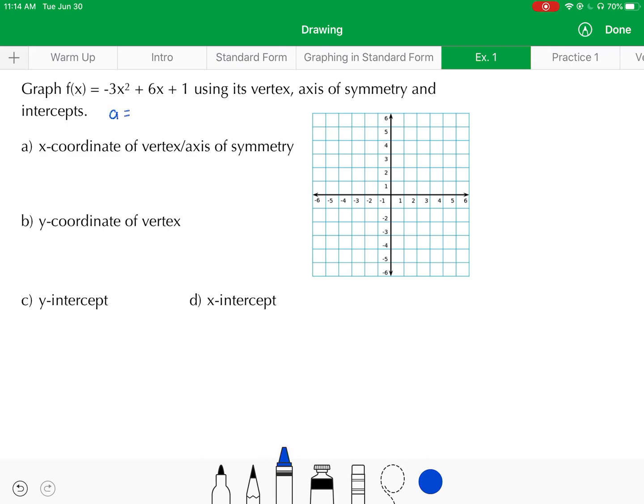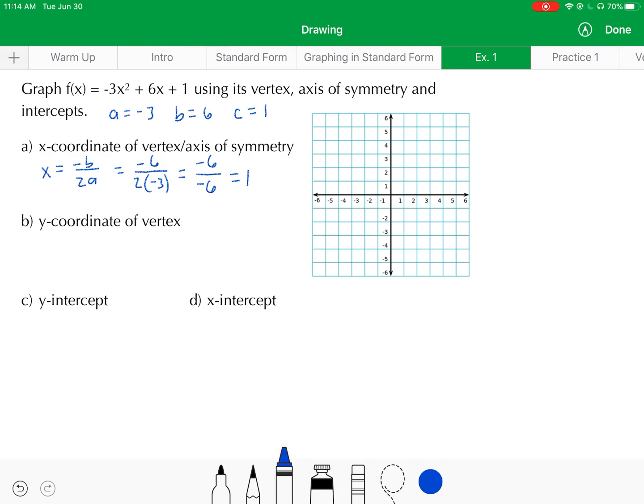In this function, a is negative 3, b is 6, c is 1. The x-coordinate of the vertex is x equals negative b over 2a, which in this case is negative 6 over 2 times negative 3. So we have negative 6 over negative 6, or positive 1.